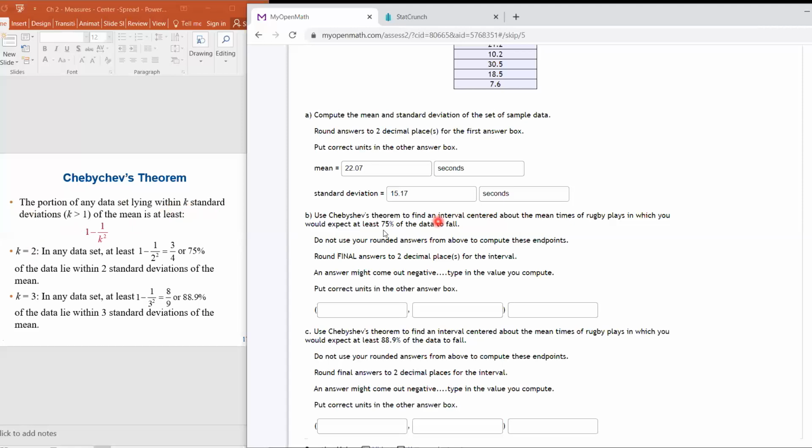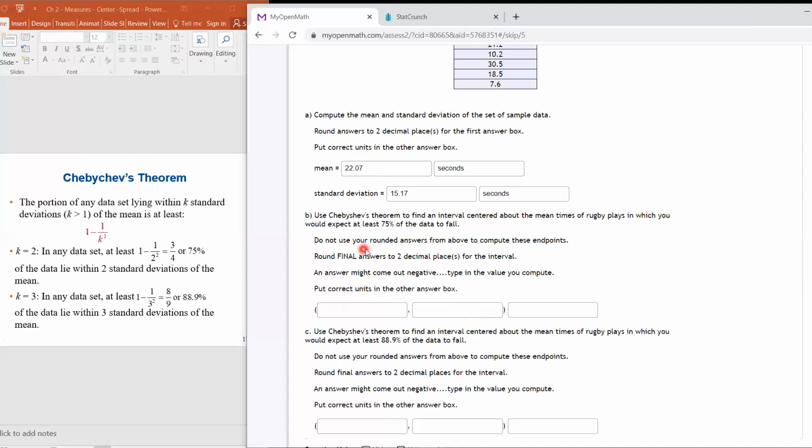So in order to figure this number out, you'll have to simply take the mean and find the value which is located 2 standard deviations below the mean, and find the value which is located 2 standard deviations above the mean. And if you do that, you will find the correct interval, and it will be the correct answer.